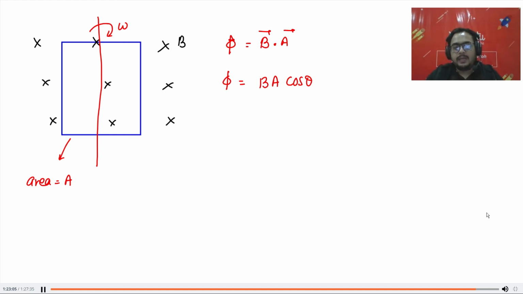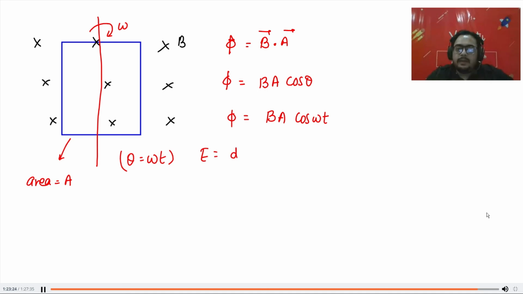Theta is omega t. Something is rotating with omega. How much angle will it cover in t time? It is omega t. So I simply write phi is BA cos omega t. And EMF generated is d phi by dt, so simply write d by dt of BA cos omega t. I hope you know how to differentiate cos theta.